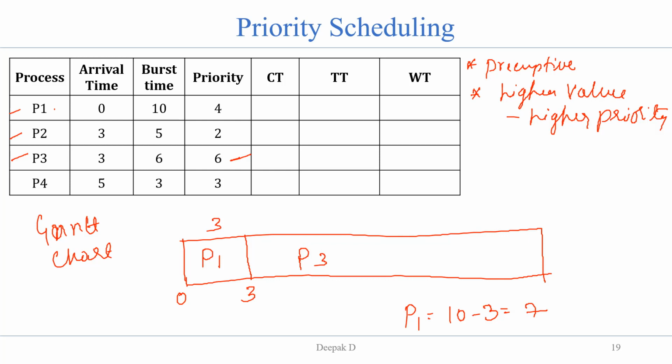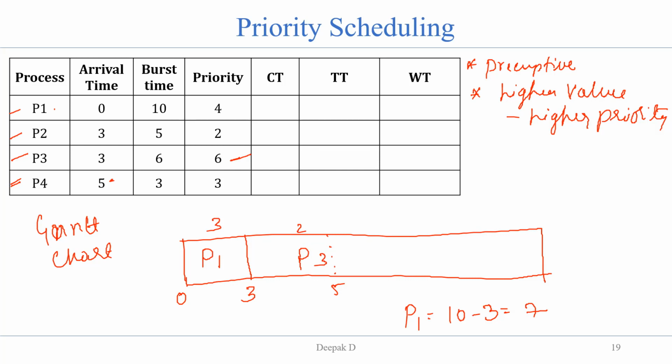It is executed for 2 time units, because the next process will arrive at the 5th millisecond. So it executes for 2 milliseconds, and again it is compared with all the other processes in the ready queue. Now all 4 processes are in the ready queue. Among all the 4 processes, P3 has the highest priority, so P3 completes its entire execution.